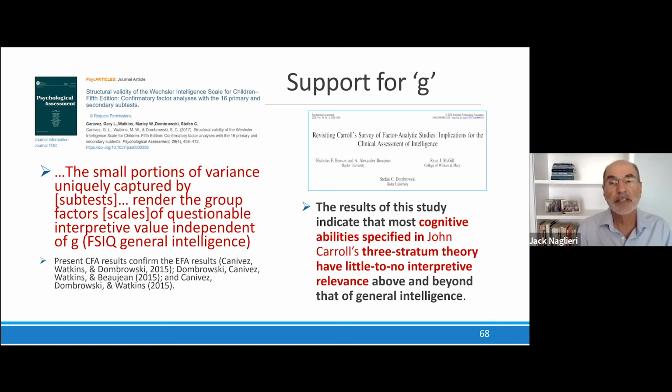I don't know if you know about this, but there's a lot of research now that says you should not ever interpret beyond the total score, because all the parts don't have enough specific variance to be interpreted. This is a real problem for those guys. It's a problem for the CHC, it's a problem for the WJ, it's a problem for cross battery, because what they're saying is there's not enough power in those scores.